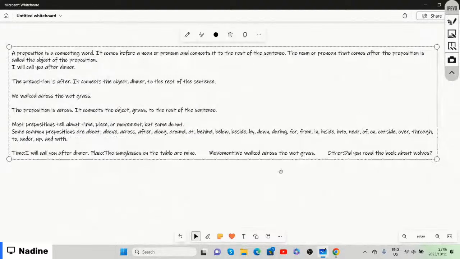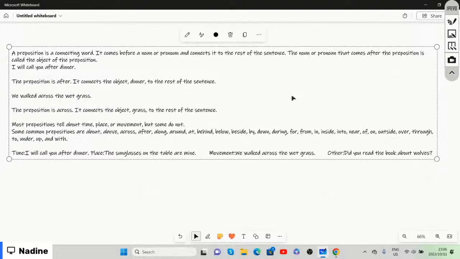So we're going to start with our lesson, right? A preposition is a connecting word, right? And it comes before a noun or a pronoun, and the preposition connects it to the rest of the sentence.